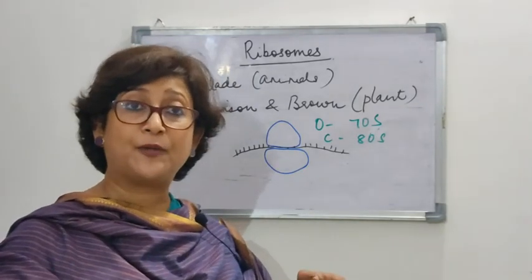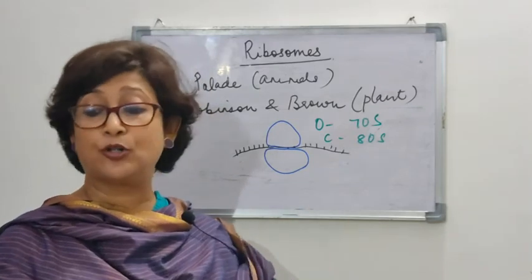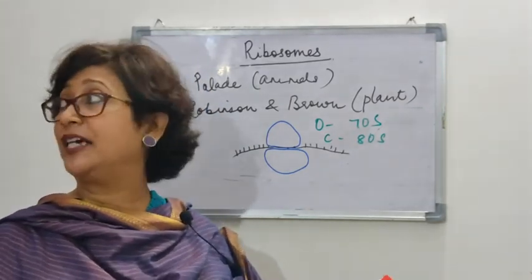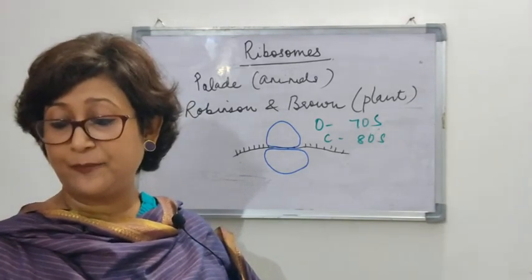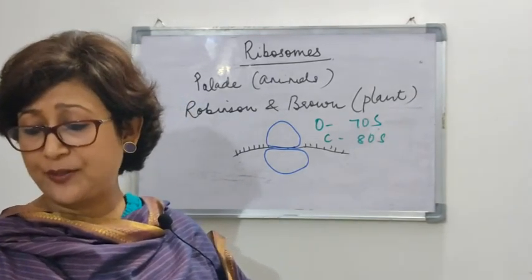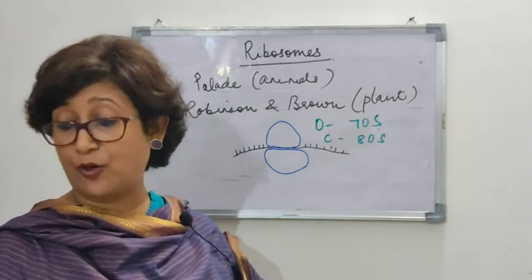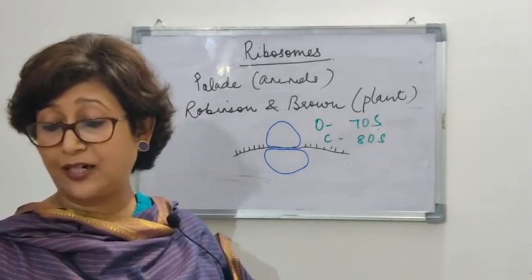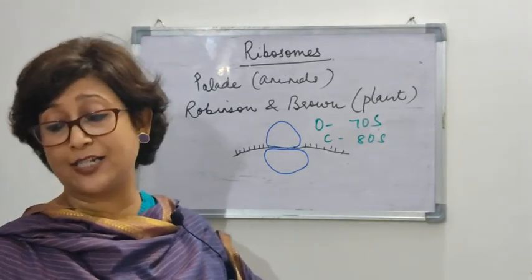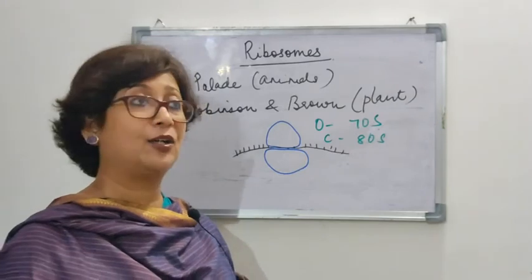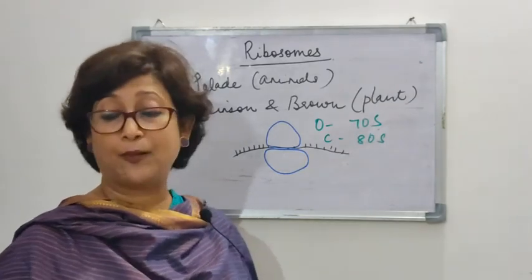The rough endoplasmic reticulum has ribosomes attached to it, so again there the protein synthesis takes place. Ribosomes also provide enzymes and factors for condensation of amino acids to form a polypeptide chain. So those are the functions of ribosomes.